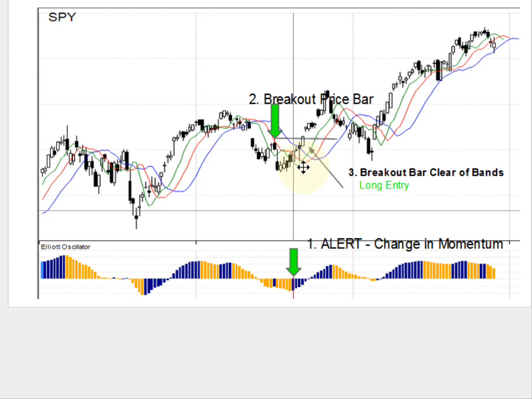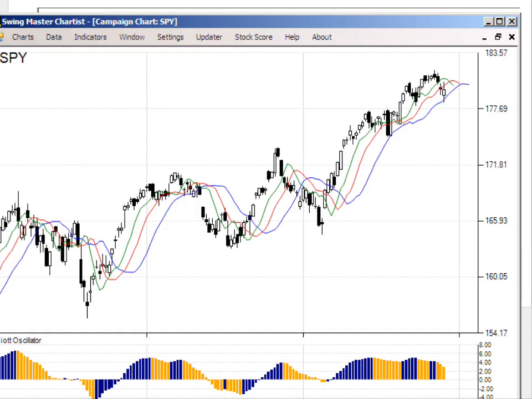That satisfies the long entry rules. So we had an alert. We went back to look at the first breakout bar before the alert. We then followed the price moves, and we had a breakout above the breakout price, clear of the breakout bands, triggering a long entry.